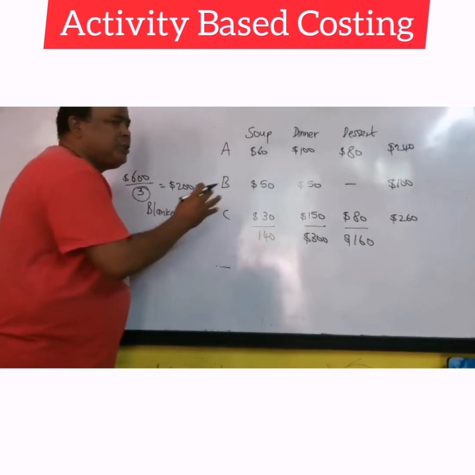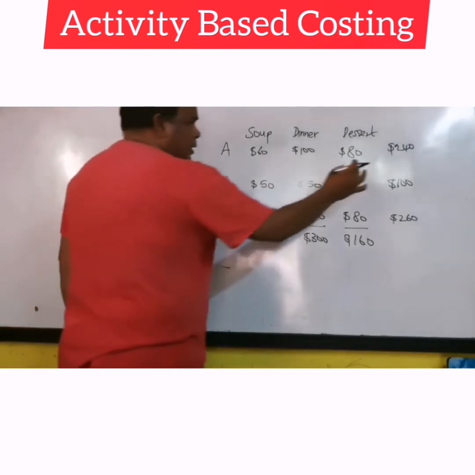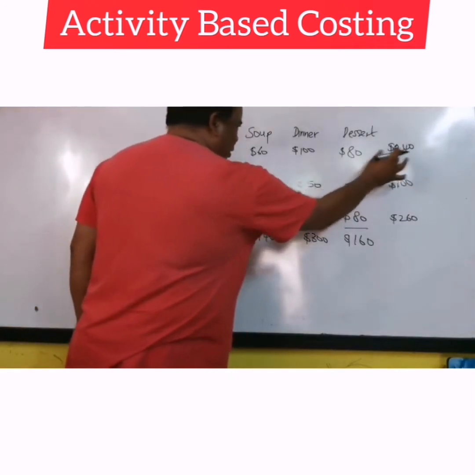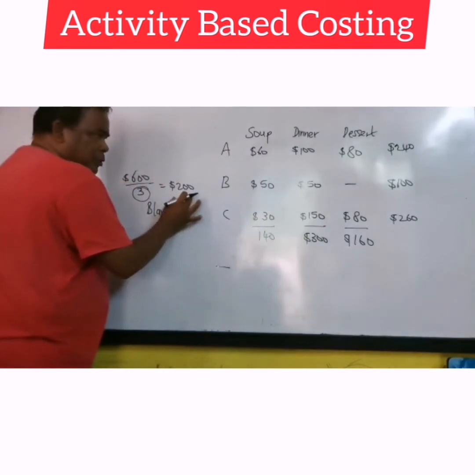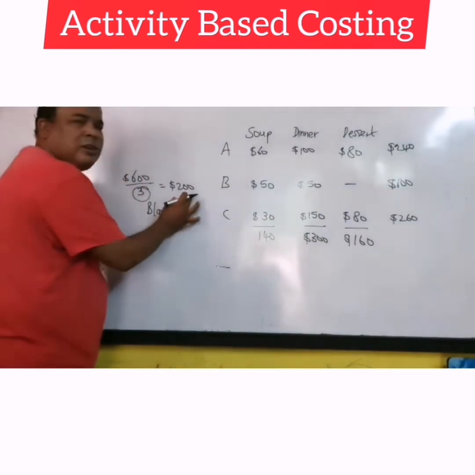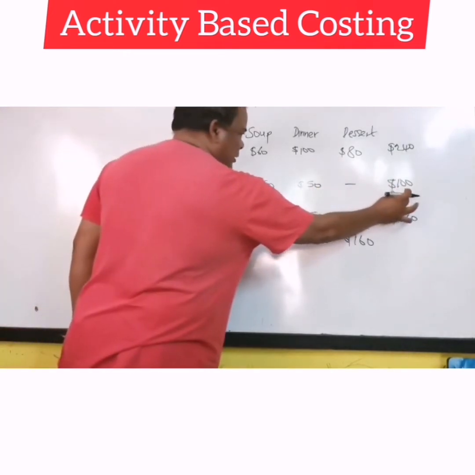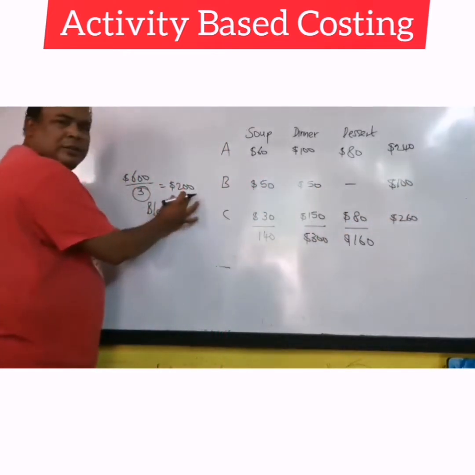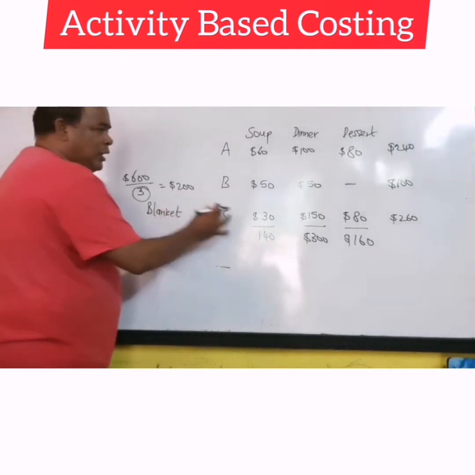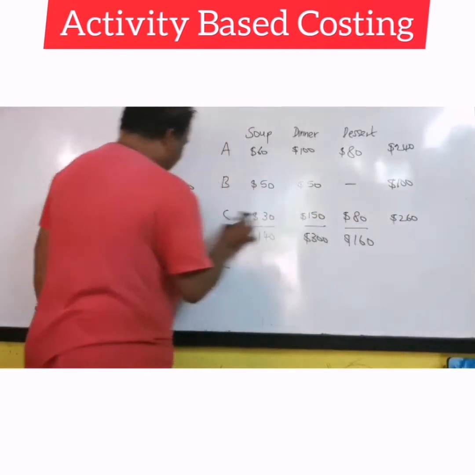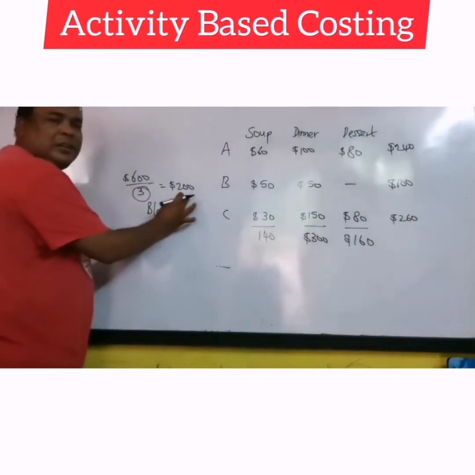There will be no issue. So in this case, he has to pay $240. How much did he pay? $200. There is undercosting of product. He has to pay $100, but he paid $200. This one is overcosting of product. And $260, he paid only $200, undercosting.